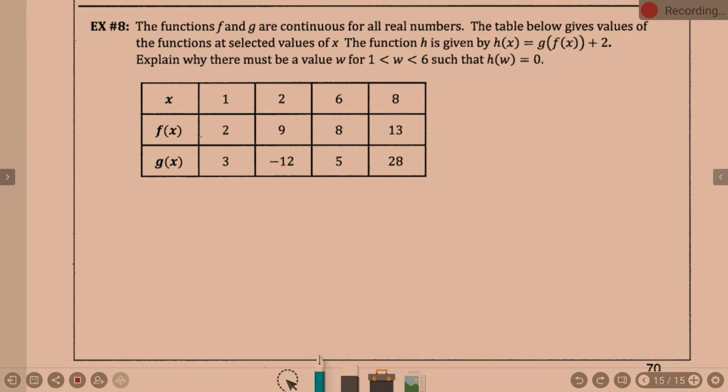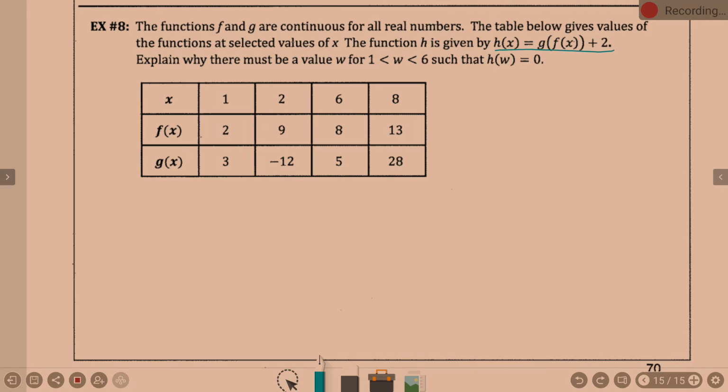Valid point? Yep. Now, what is continuous? Functions f and g. F and g are continuous. Now, by definition, h is defined as this, yes? And so by definition, if f and g are continuous, then h is continuous.